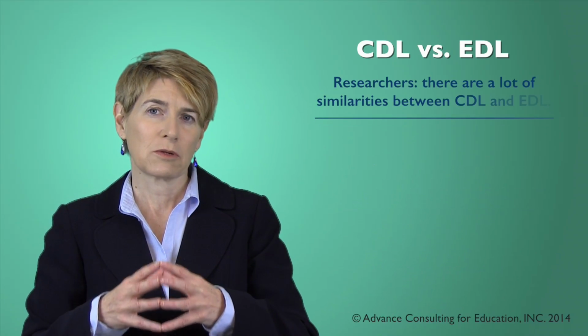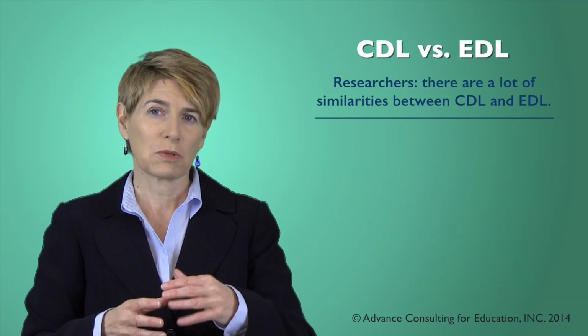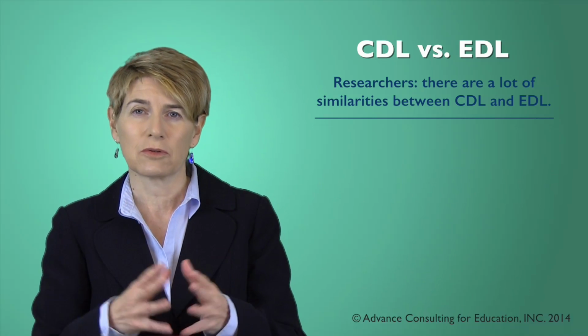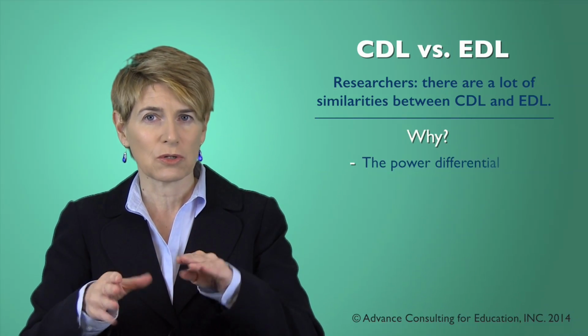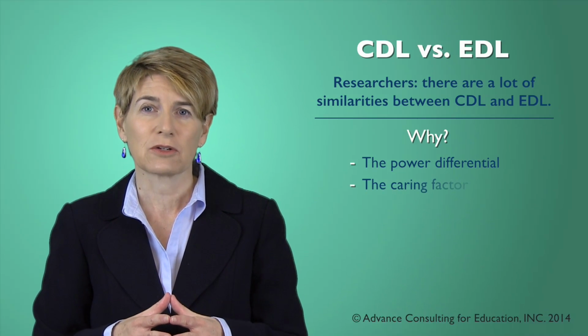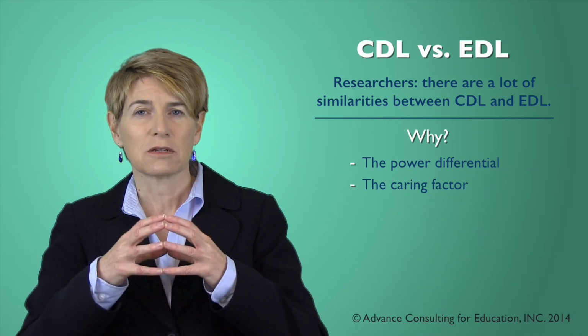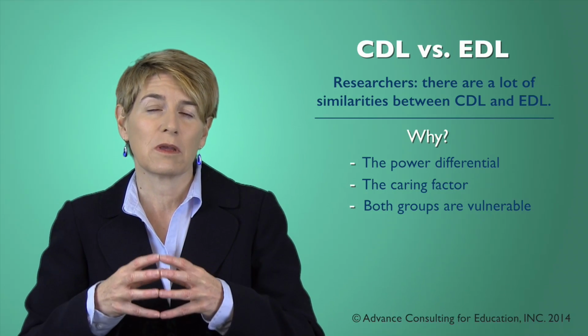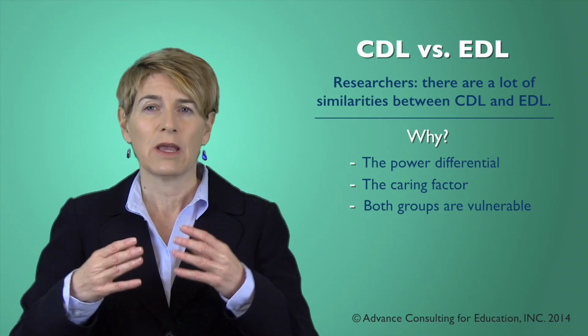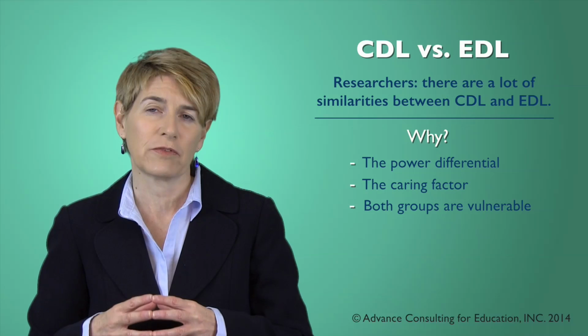So researchers have concluded there are a lot of similarities between child-directed language and elder-directed language. And a lot of it comes from this power differential and also the caring factor and just the idea that these two speaker groups are vulnerable. So they are lacking in power in society, and therefore we talk to them in a specific way.